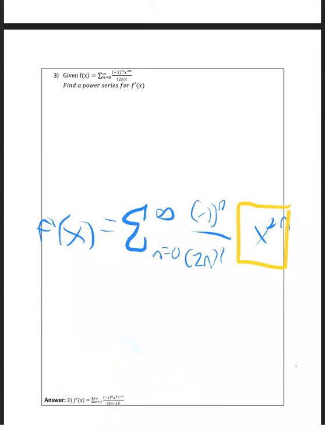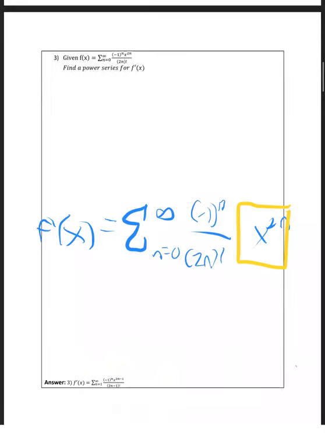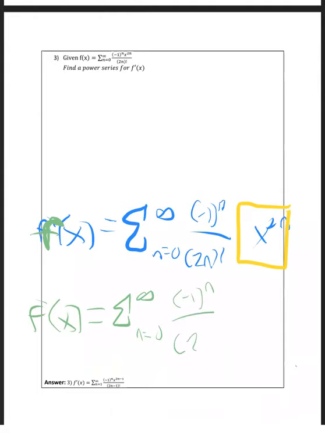So look, 2n and then that's 2n minus 1. Hold up, I'm just going to rewrite this because we're taking the derivative. This is f. f prime of x, with n equal to 0, is negative 1 to the n, x to the 2n over 2n factorial. We took the derivative of this, so we're left with 2n times x to the 2n minus 1.